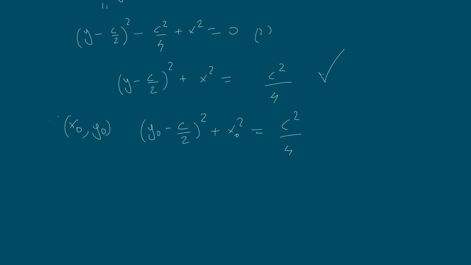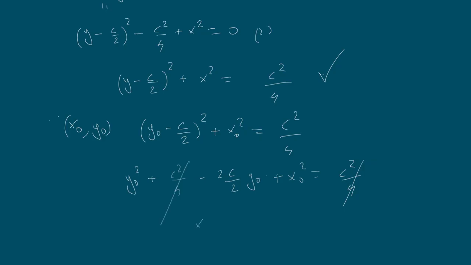So let's develop: y0 squared plus c squared divided by 4, minus 2 times c divided by 2 multiplied by y0, plus x0 squared equals c squared divided by 4, which will cancel with this.